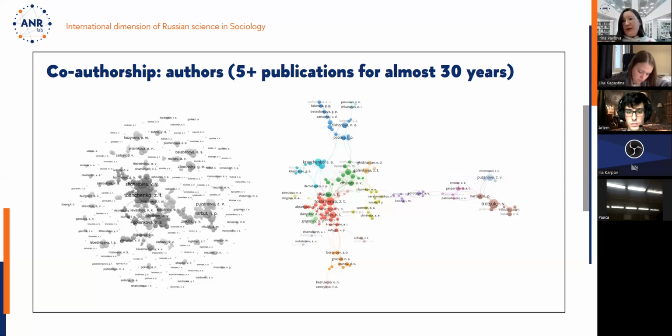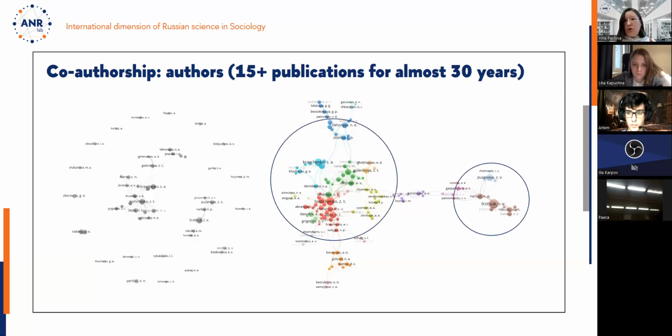So what we think in terms of research academic KPI, number of publications, but initially we set this threshold as 5+ publications. We see on the left the entire network, including isolates, those authors working individually, and on the right the major connected component, where we see major authors collaborating together. But if we increase this threshold up to 15 publications, we see how this field becomes less dense.